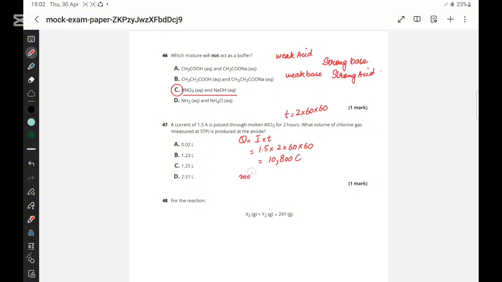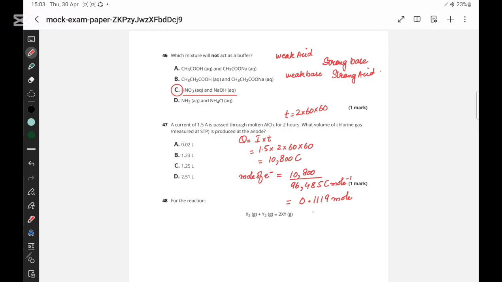To find the moles of electrons, you divide 10,800 by Faraday's constant, which is 96,485 coulomb per mole. This comes out to be 0.1119 mole.